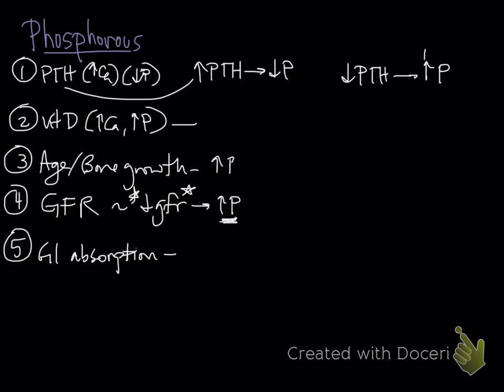We do excrete a lot of phosphorus. And so in the case of the animal that has perhaps vitamin D intoxication, you're going to see tons of phosphorus being pulled out of the GI tract, causing hyperphosphatemia. And if you have GI disease where you have malabsorption, you could get a low phosphorus, although that seems rather uncommon.